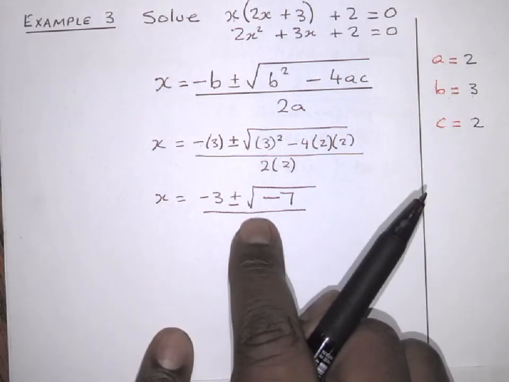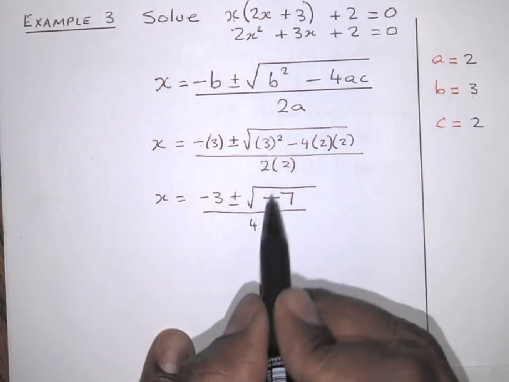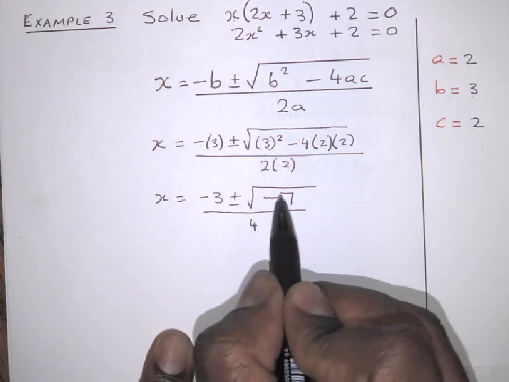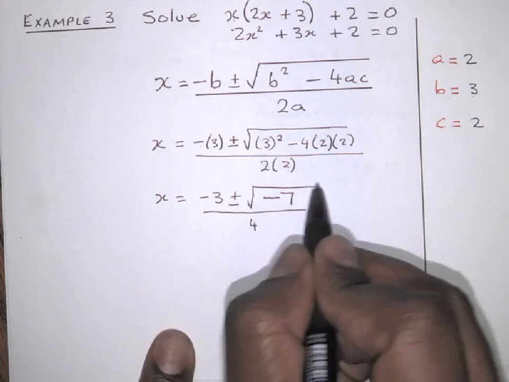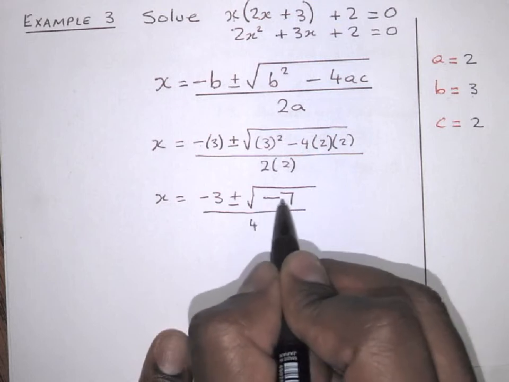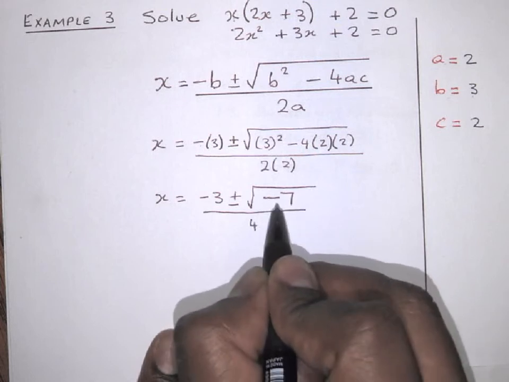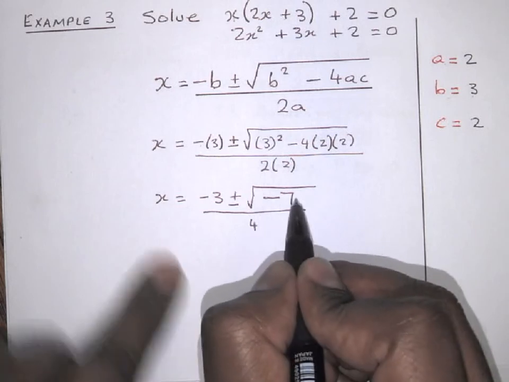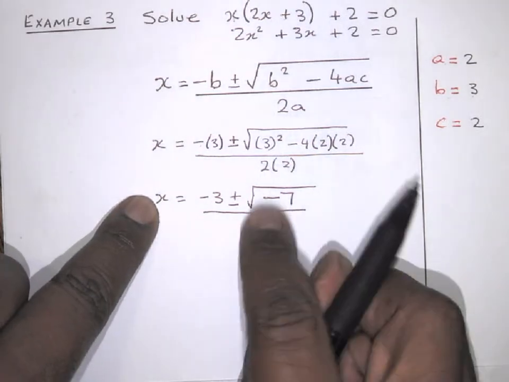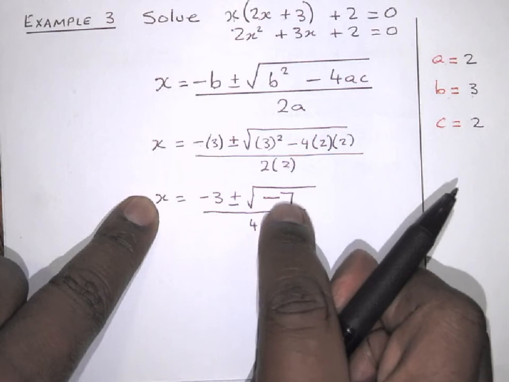Now if you look at this, the square root of negative 7, we can't get the square root of a negative number. What does this mean? They said x must be this thing, but we can't get an answer here.